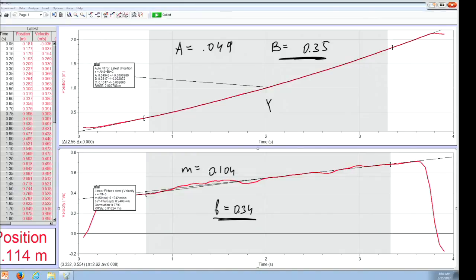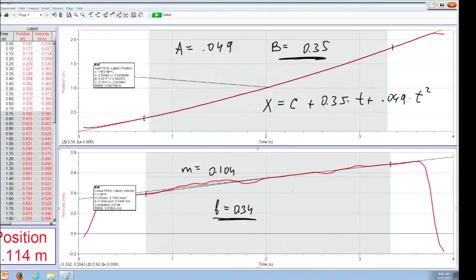Because here we have a motion equation, which I would write c plus 0.35 times time plus 0.049 times time squared.